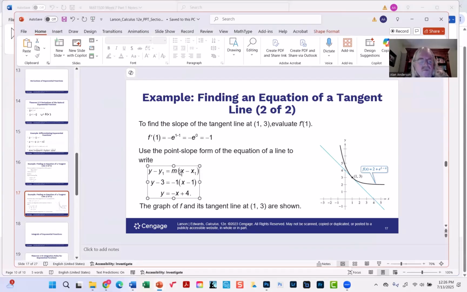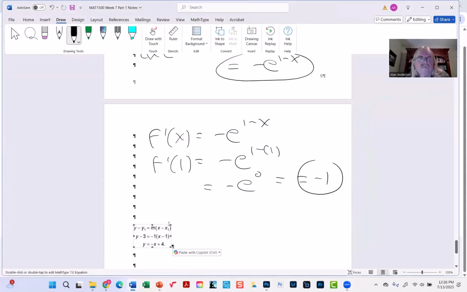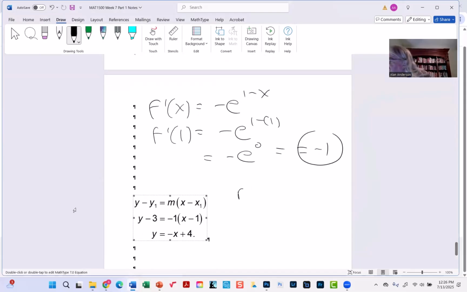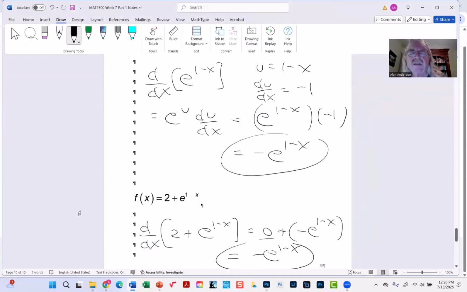So we're going to use this point slope form to find this equation. So again, we know that the slope is negative 1, and one point is 1, 3.